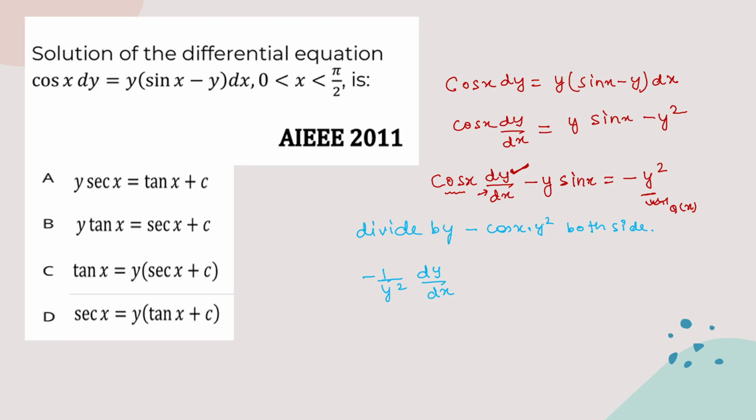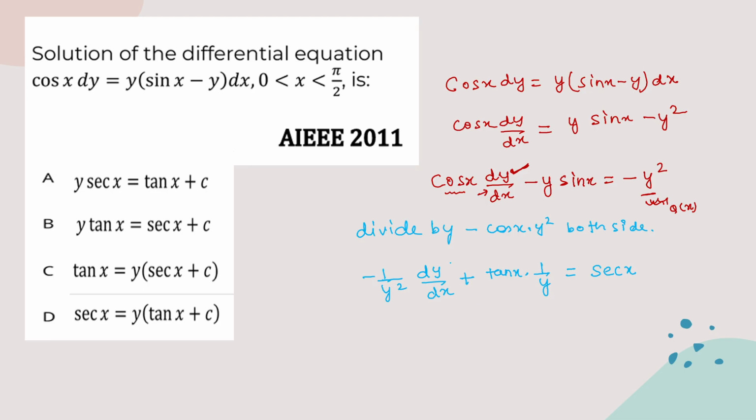Sin x upon cos x will become tan x, so with the positive sign this is tan x, and the coefficient of this will become 1 by y, is equal to, on the right side, when you divide by minus y square, 1 upon cos x is also there, it will become sec x. That is a simple division. If you do that, you will be getting this expression.